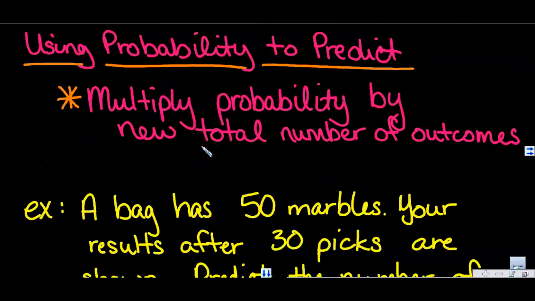How do we use these probabilities to help us predict situations? Well, simply put, we're going to multiply the probability that we've calculated by the total number of outcomes that we know is possible.